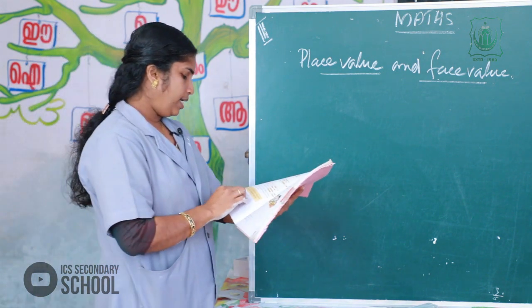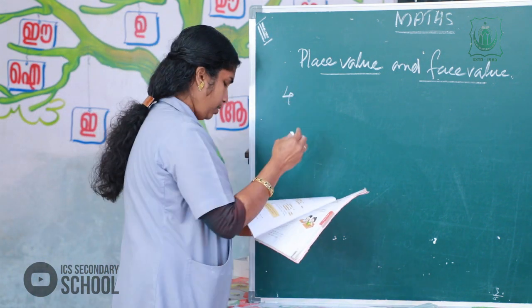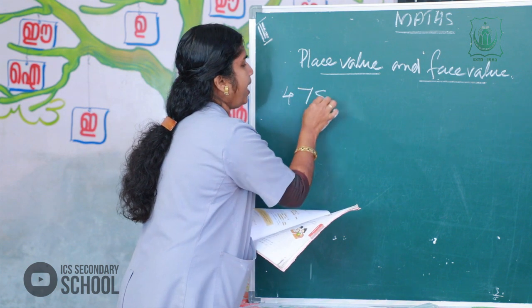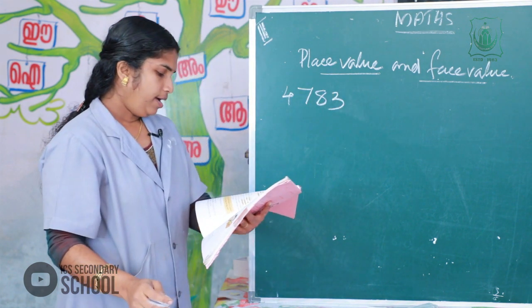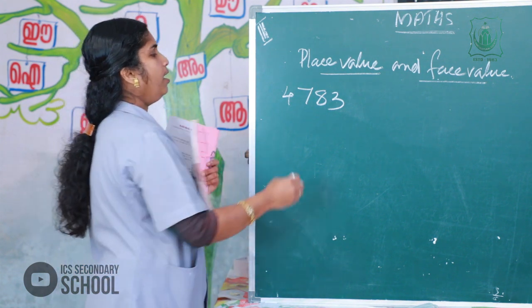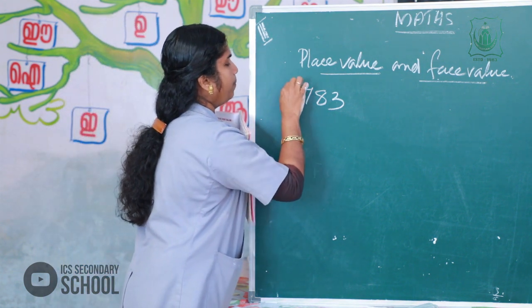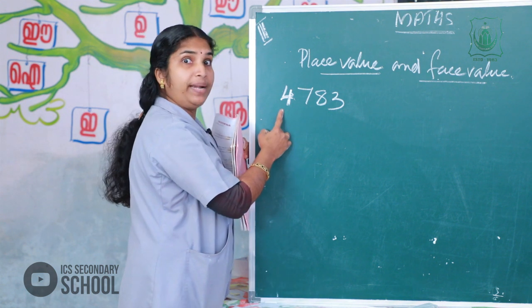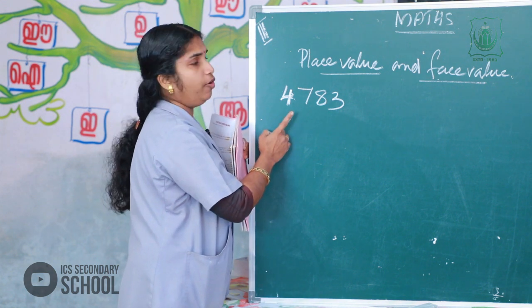First question, 4783. Write the place value and face value of 4.